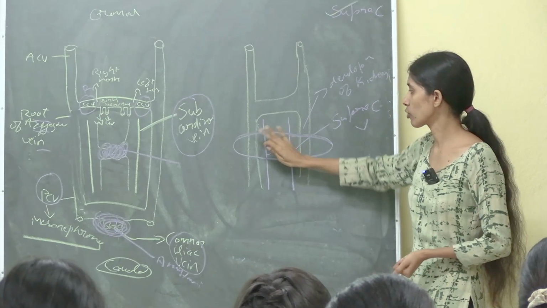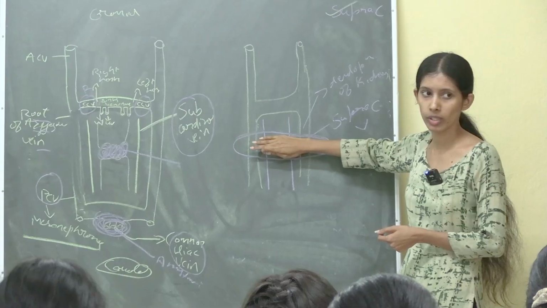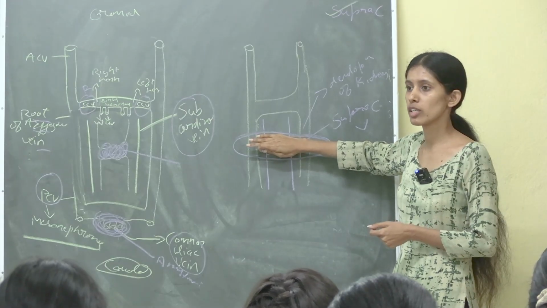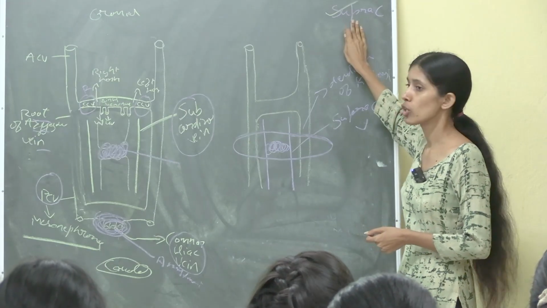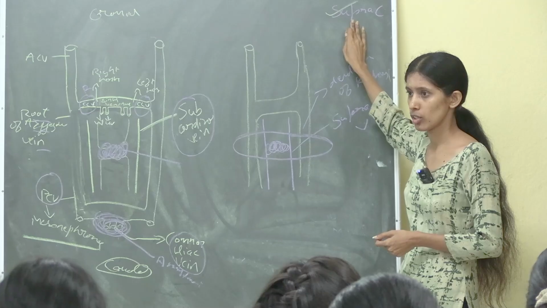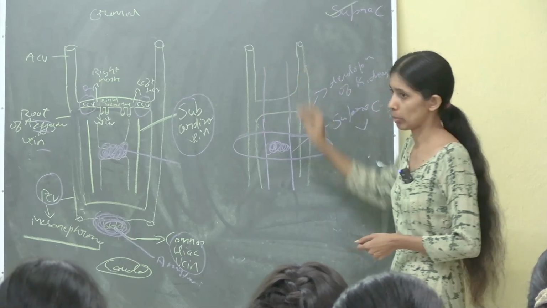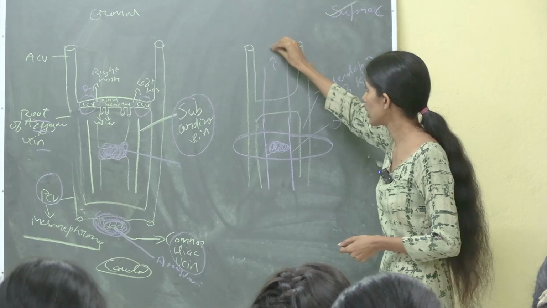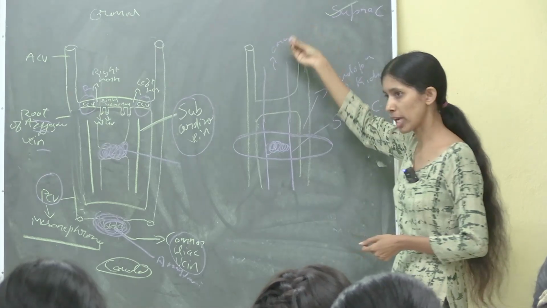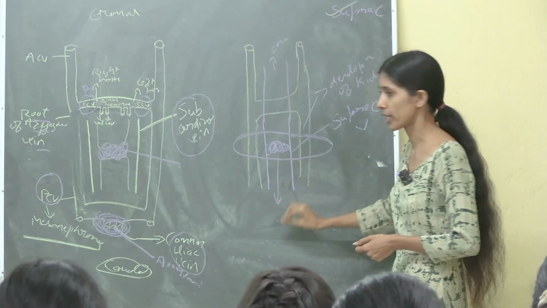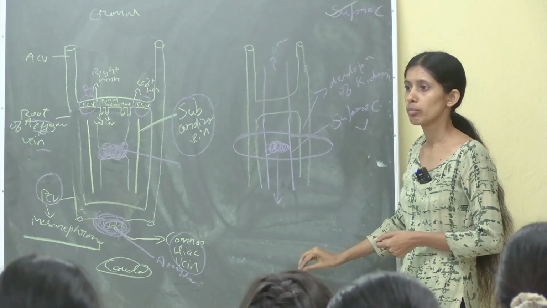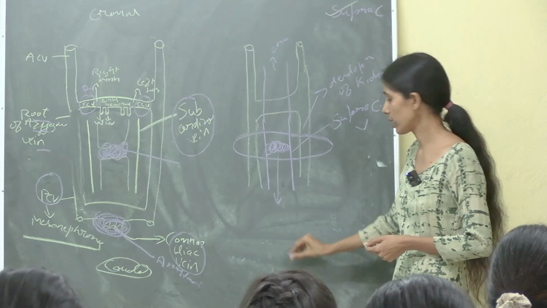So the presence of kidney in this particular region will disturb the continuity of your supracardinal vein, so it divides your supracardinal vein into two parts. This is cranial part or upper part to the kidney, and this is caudal part or lower part to the kidney. Okay.